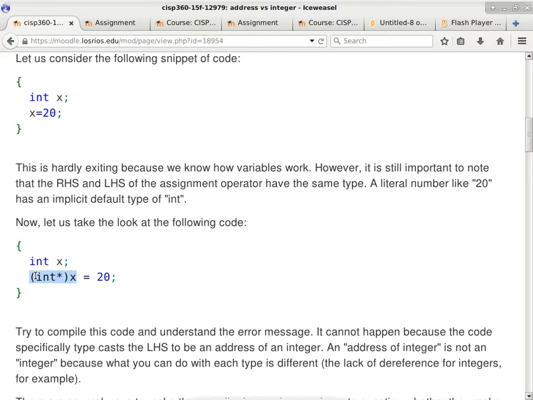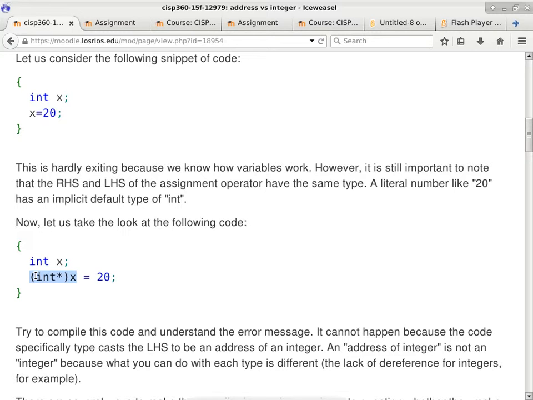It is not an integer anymore. It becomes an address of an integer. An address of an integer is not an integer. As a result, the two types of the assignment operator do not match, and the compiler will complain and say, hey, the type does not match, you cannot do this.